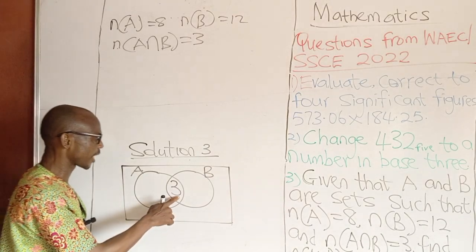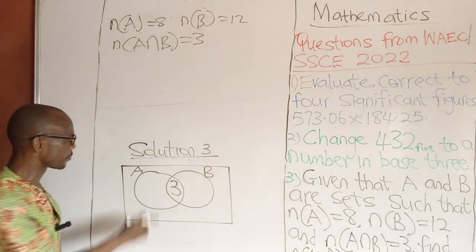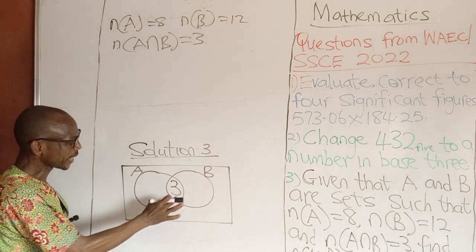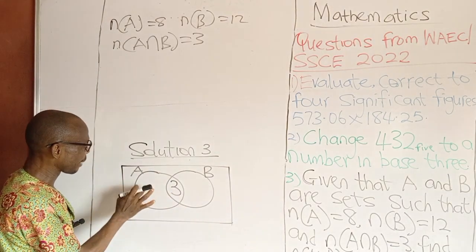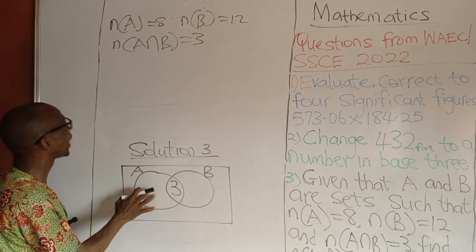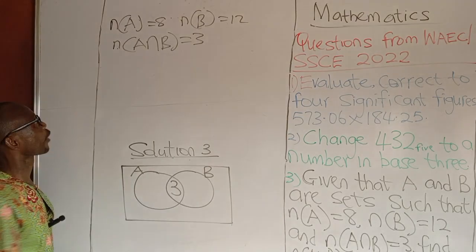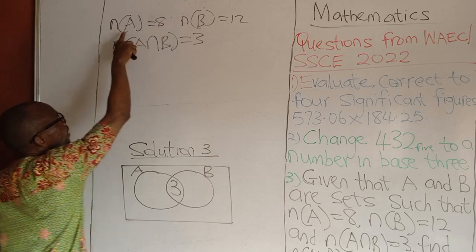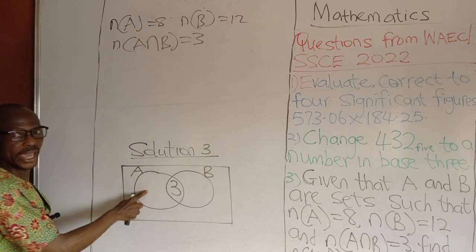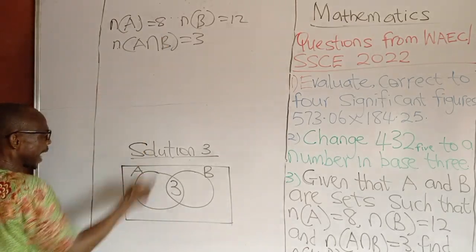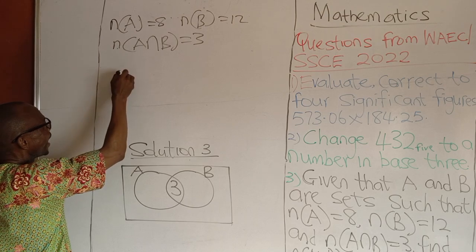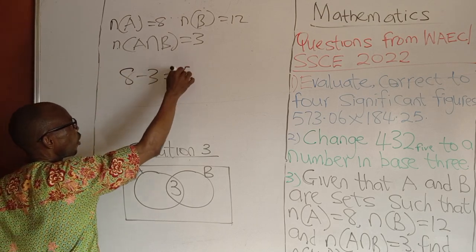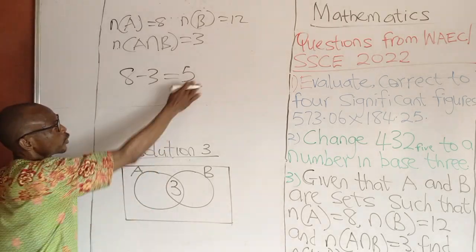Now let's look for the value that will be in A only. We already have 3 here. So to determine the value of A here, we are going to subtract 3 from 8. 8 minus 3 is equal to 5.